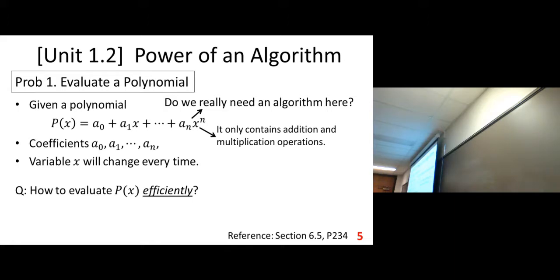Maybe not. Anyone has an idea? Let's assume a calculator way. Because you know the order of evaluation, when you see multiplication, you should do multiplication first. Then addition.